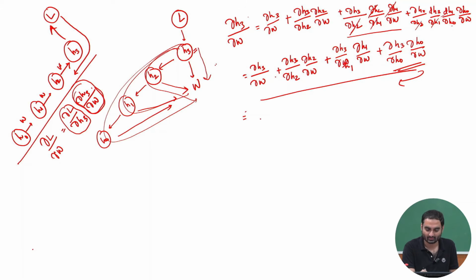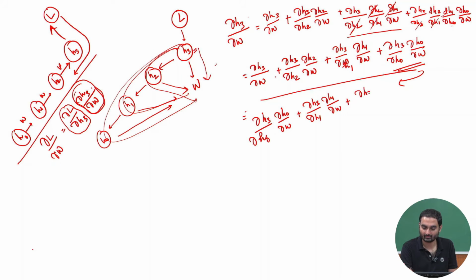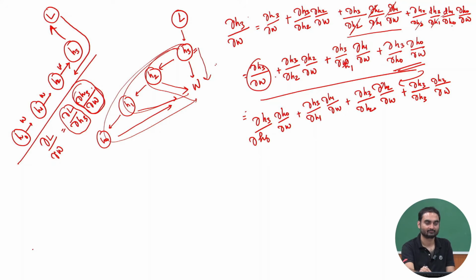This one will come first: dH3/dH0 dH0/dW plus dH3/dH1 dH1/dW plus dH3/dH2 dH2/dW plus dH3/dH3 dH3/dW.